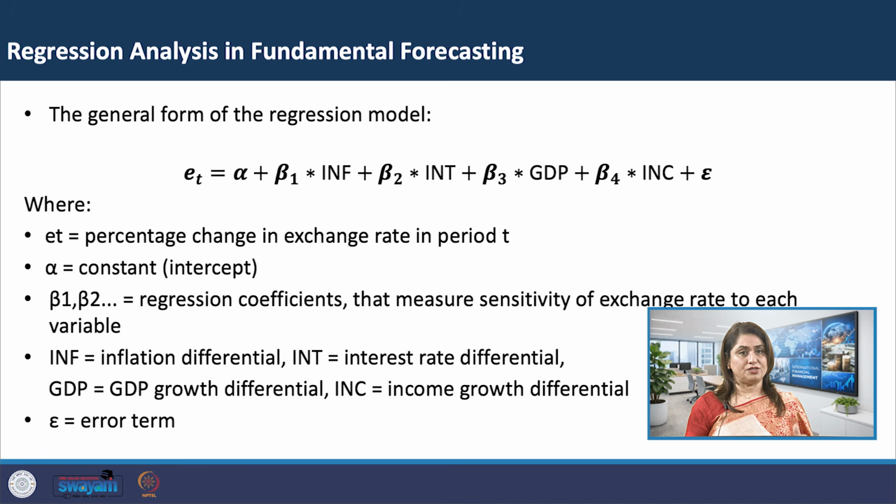Del inflation is the inflation differential between the two countries. Del interest is the interest rate differential. Del GDP is the GDP growth differential, and del income is the income growth differential. And epsilon is the error term, capturing everything the model cannot explain.